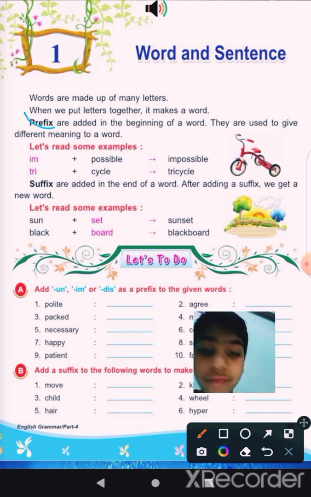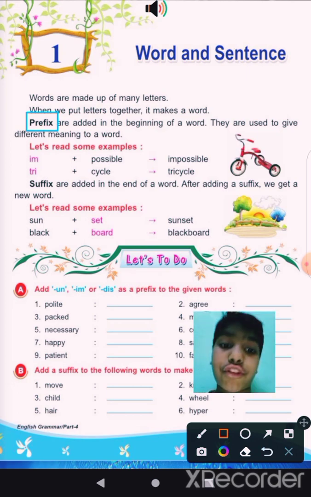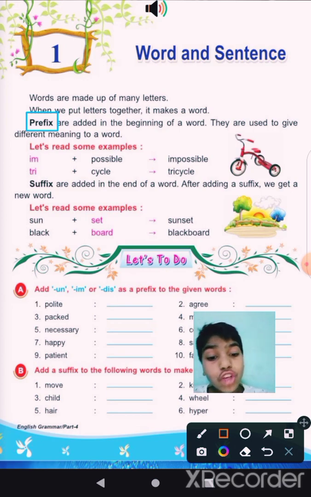So what are prefixes? Prefixes are added at the beginning of a word. They are used to give a different meaning to a word. So a prefix is added before a word.